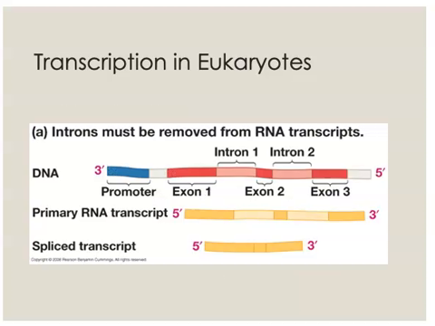So on this slide, you can see a drawing of a gene in the DNA, what we refer to as the primary or the immature RNA that comes from that DNA, and then the final mature RNA that's produced after processing. So if you start at the top here, they're showing us a gene in one of the strands of the DNA, the template strand.